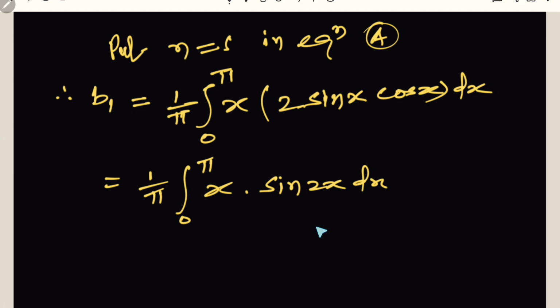Again, as it is a product of two terms, we have to integrate it by generalized integration by parts. X must be the first and sin 2x must be the second term.